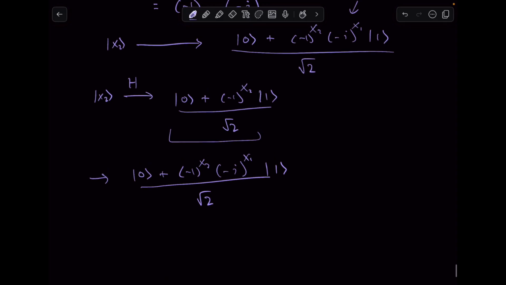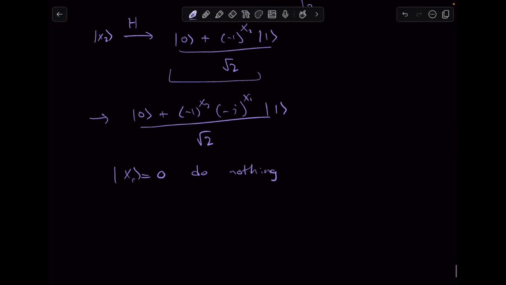Well, this is like a phase, but conditioned on the value of the first qubit. So if x1 is equal to 0, then do nothing. And if x1 is equal to 1, add phase negative I.